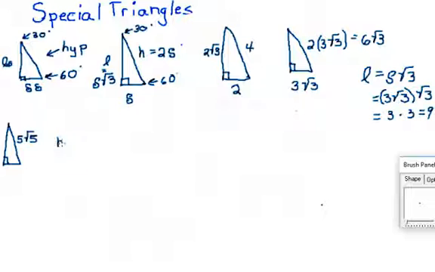Well, remember, hypotenuse equals 2 times s. So I could write 5 square root of 5 is equal to 2 times s, and we need to get s by itself.